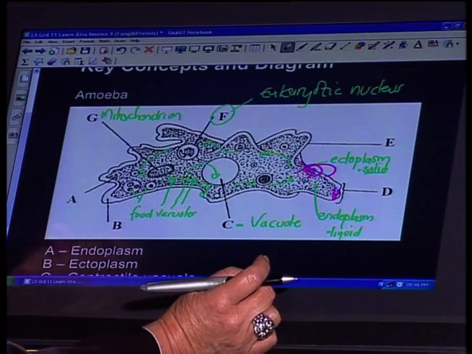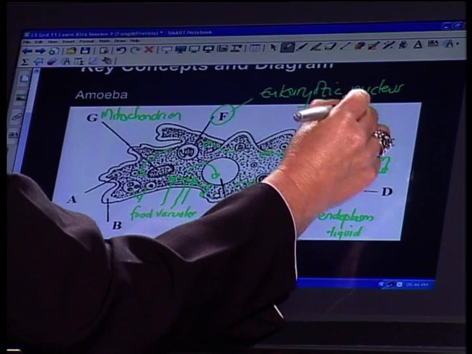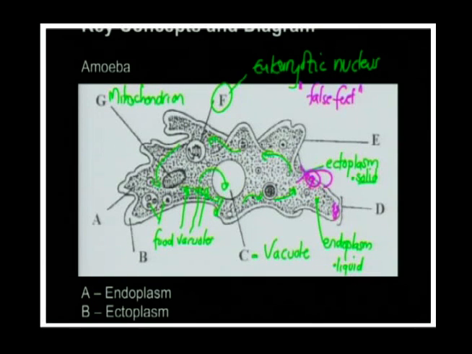Now, wonderful, wonderful term. These protrusions here are nicknamed false feet. And the correct biological term for those, pseudo, meaning false, podia, meaning feet. And these pseudopodia can be used to help the amoeba creep along slowly.